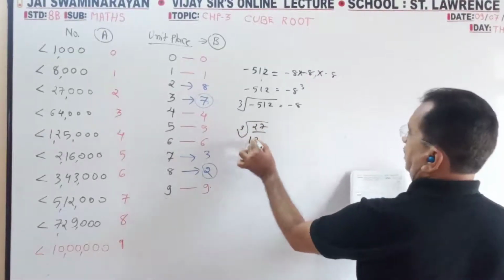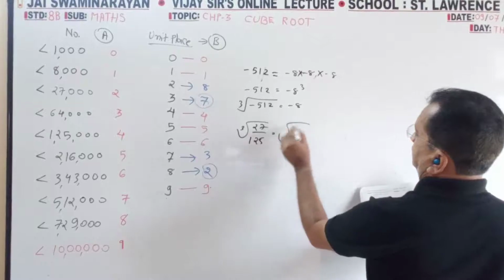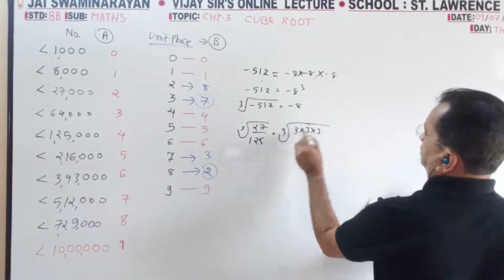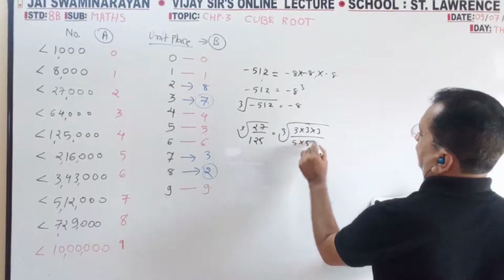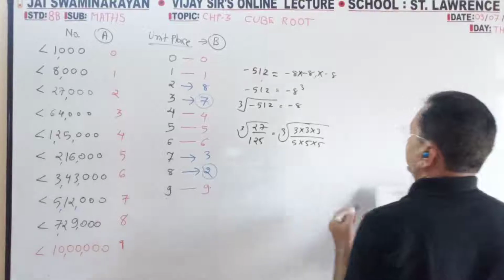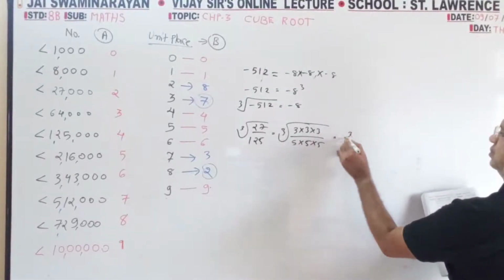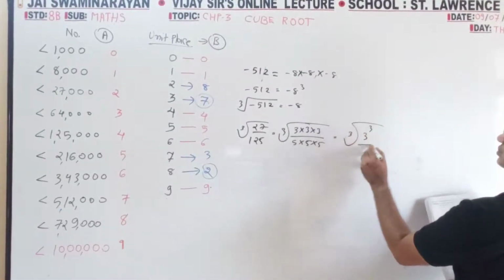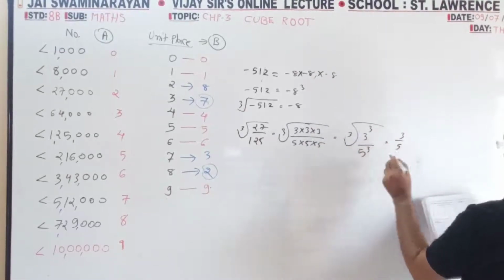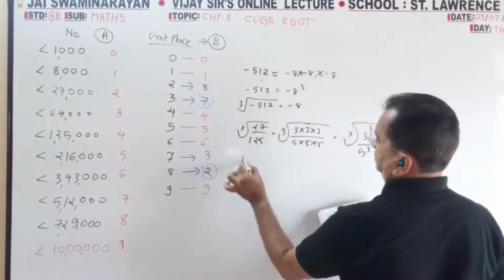Okay, now this 27, 125 cube root. This is 3 into 3 into 3, 5 into 5 into 5. Because it is less than this, and for 5 it is 5. So cube root of 3 cubed over 5 cubed, so 3 by 5, like that.